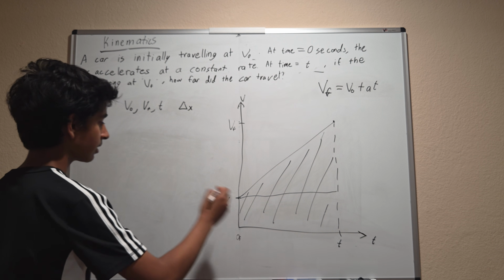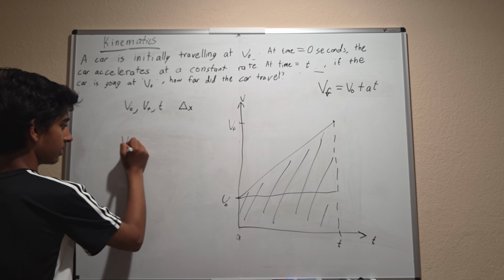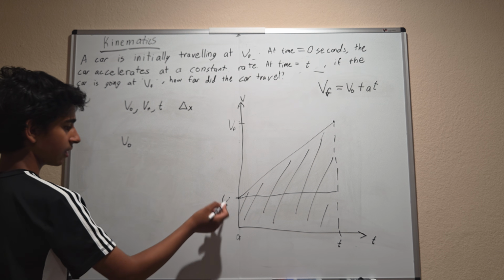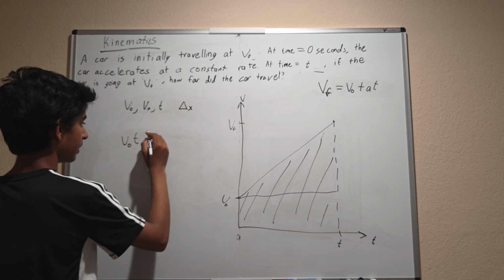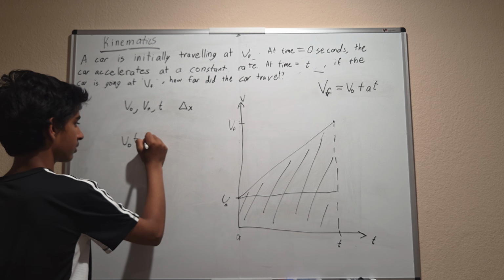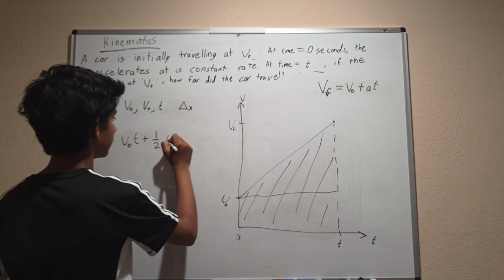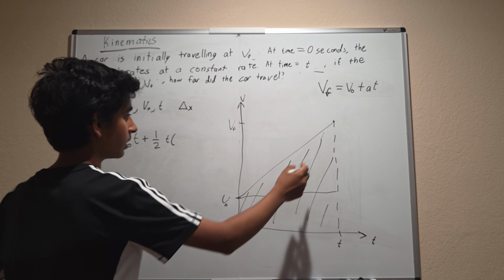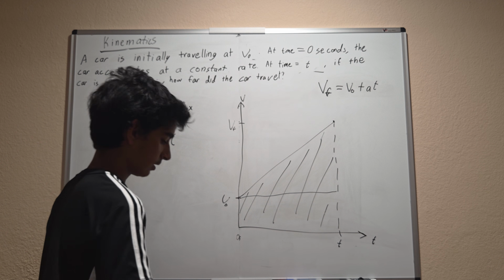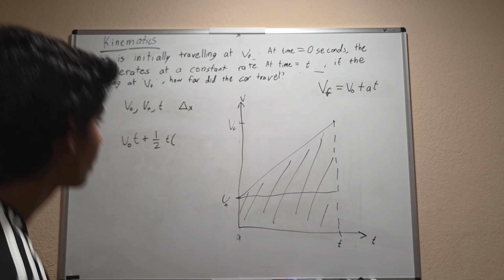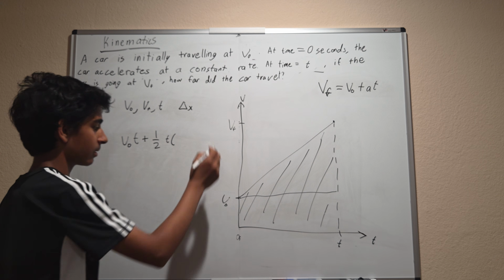The area of the rectangle is just base times the height, or v0 times t, and the area of the triangle is 1/2 base, so time, times, this is actually not v final, but v final minus v0.